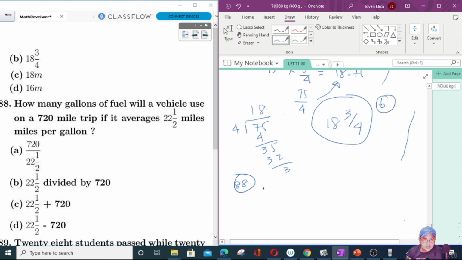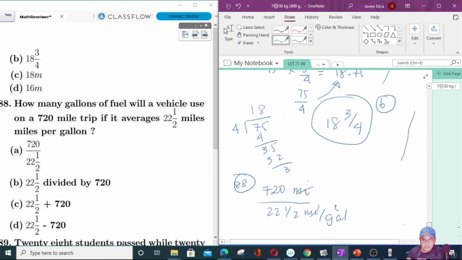If you have 720 miles trip, how many gallons of fuel? Sorry, not multiply. We should divide 720 miles trip per 22.5 miles per gallon.